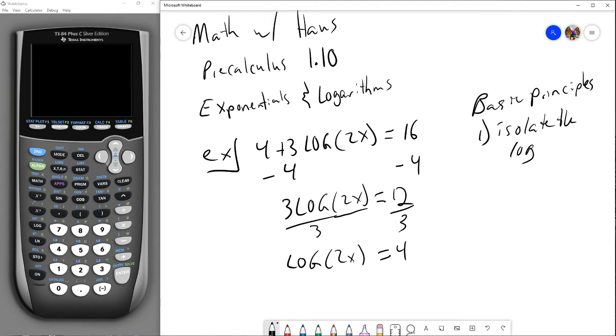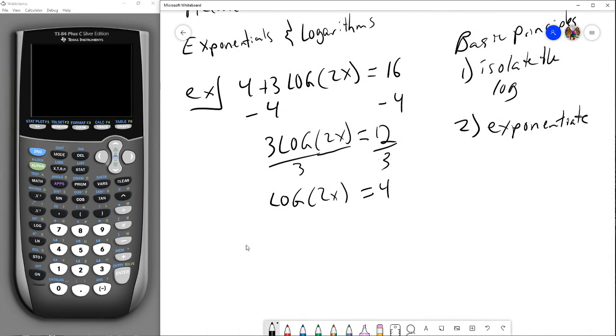Now, we have completed our first step, and that is isolating the log. So the next step is exponentiate. When we had an exponential, we would log it to undo the exponential and get access to what was inside of it. In this case, we're going to exponentiate to undo the log.